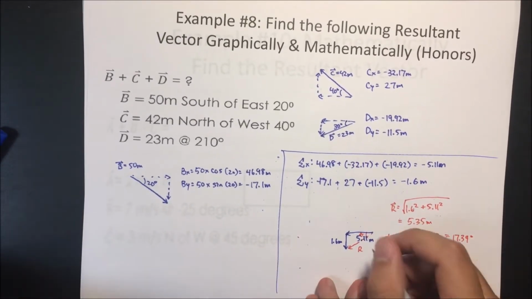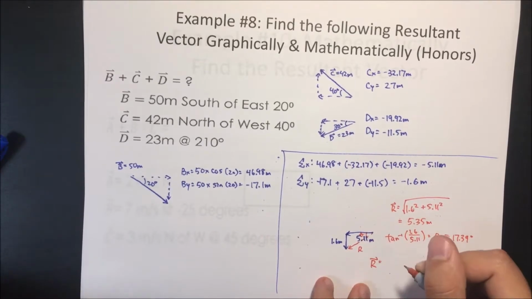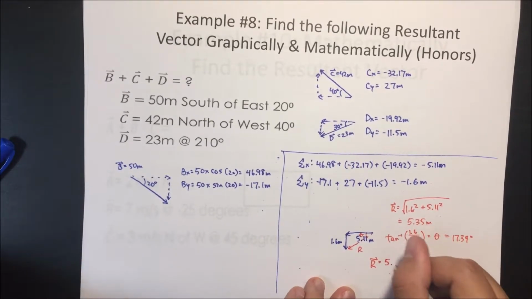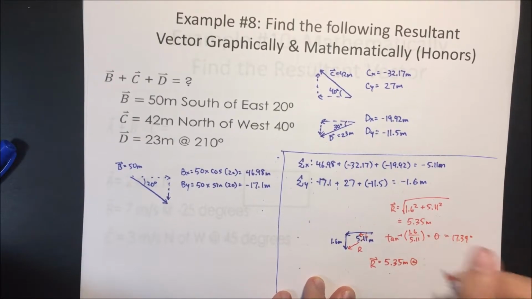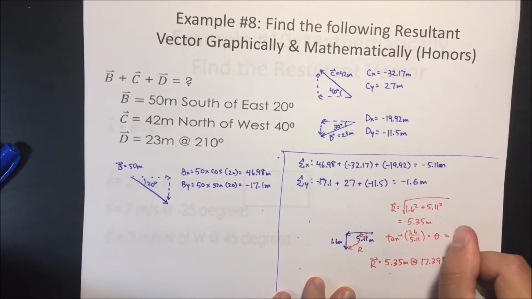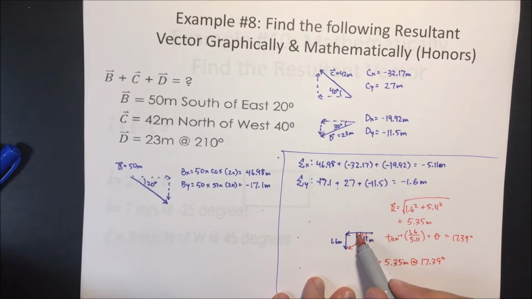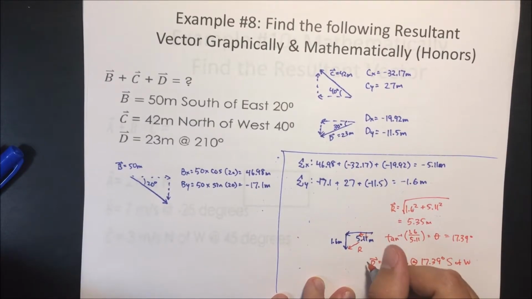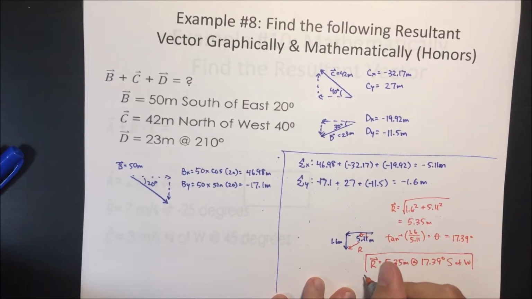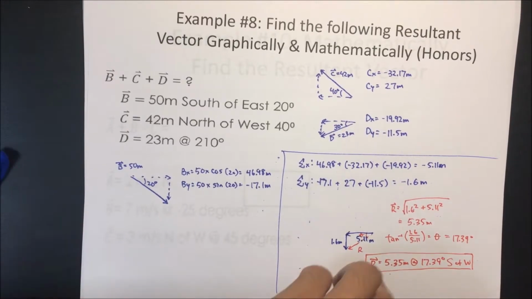So we know that our resultant vector is equal to 5.35 meters at 17.39 degrees, but this is going to be south of west. So south from west, south of west. Just like that.